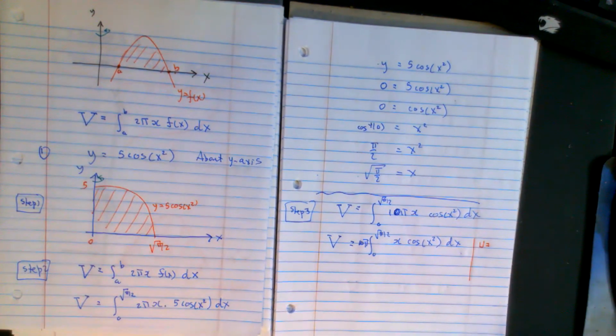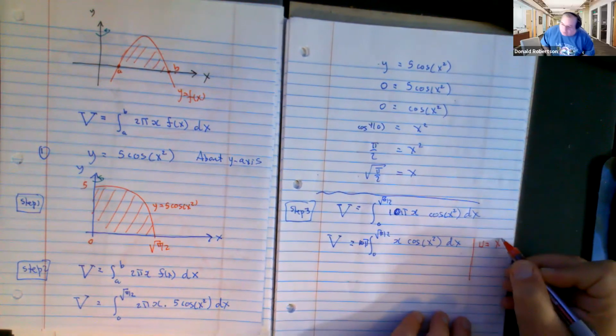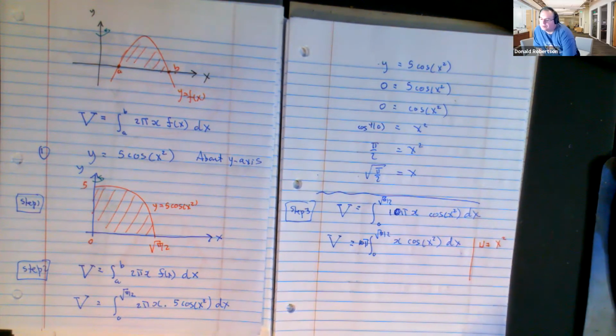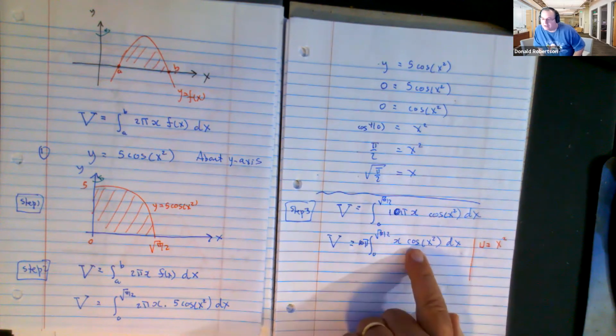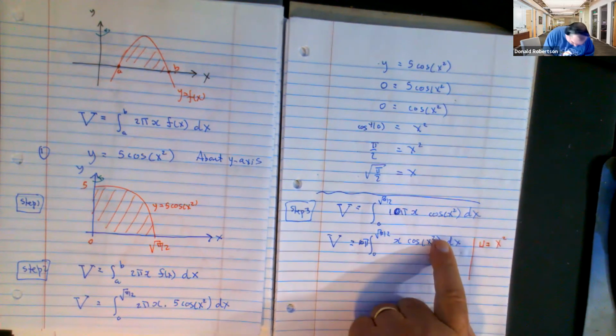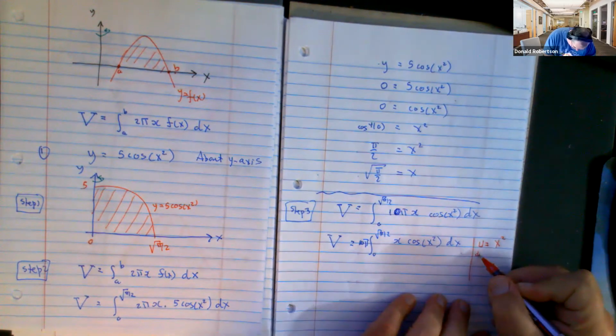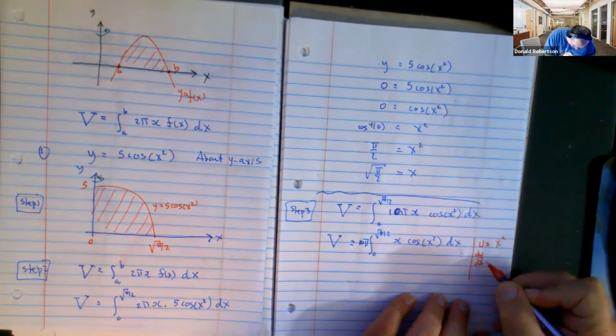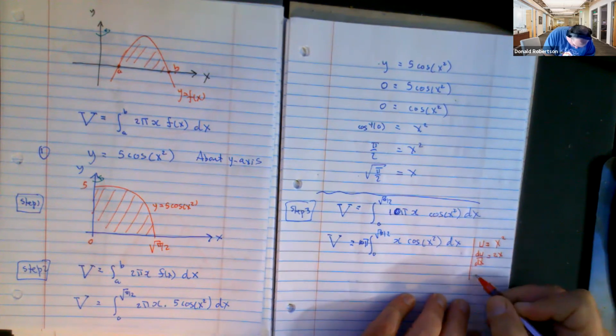X squared. Are you all comfortable with x squared being the u sub? Why that was chosen? Right. Cosine, the ugly guy. The ugly guy is your thing. So differentiate with respect to x, crossover, and isolate.